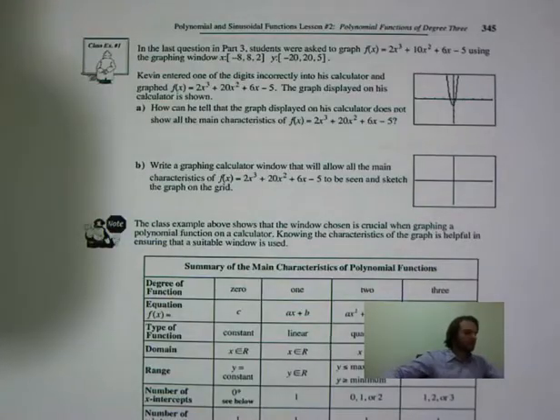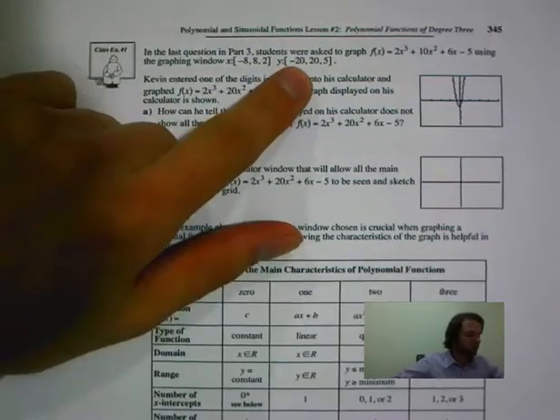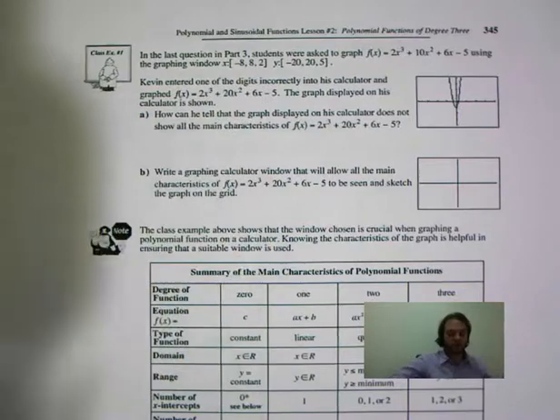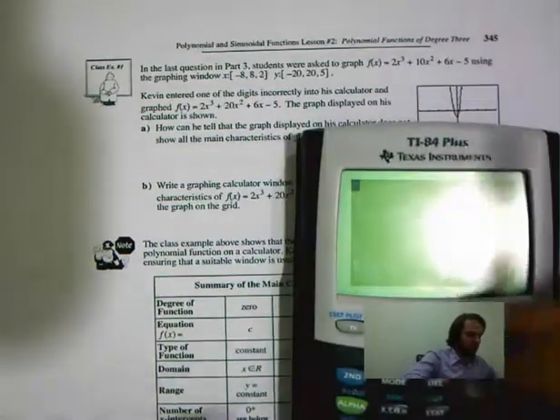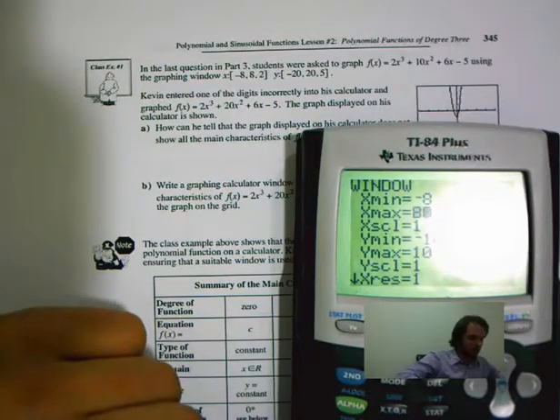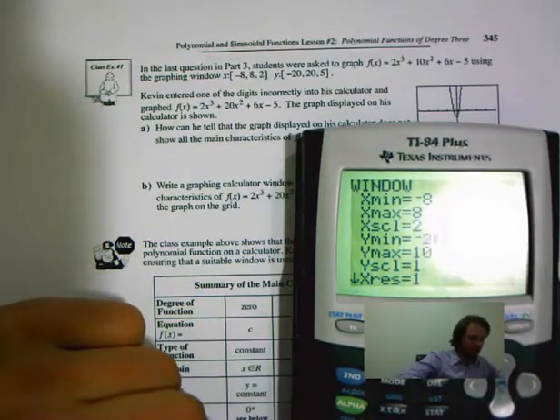So now here it says, in the last question, part 3, students were asked to graph this equation using that window. So I'm just going to set up that window and that equation right now. So it says -8, 8, 2, -20, 25.